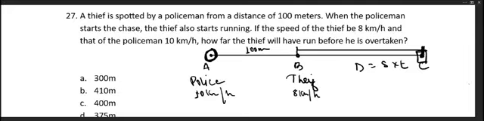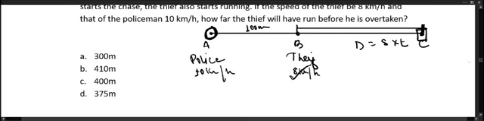So we have to find the time taken by the thief to reach point C. As we have already been given the speed of the thief, that is 8 km per hour, if we find the time, then we will easily find the distance that has been traveled by the thief before getting overtaken.